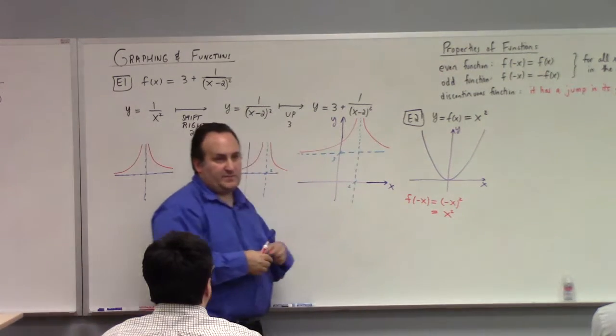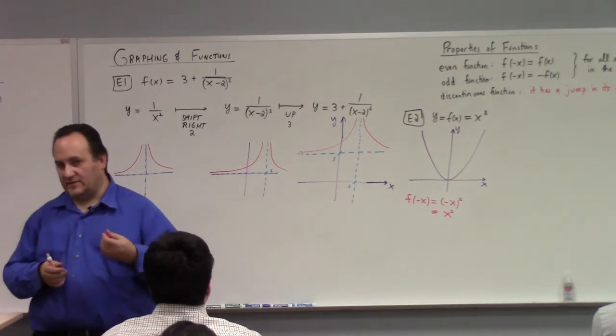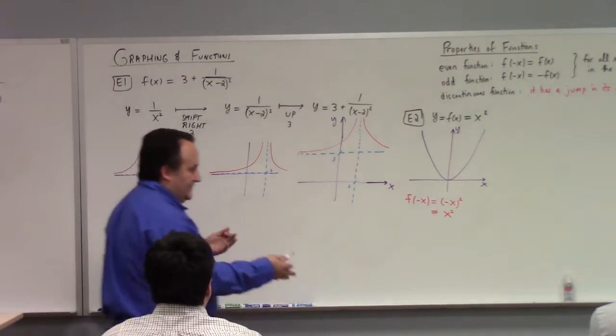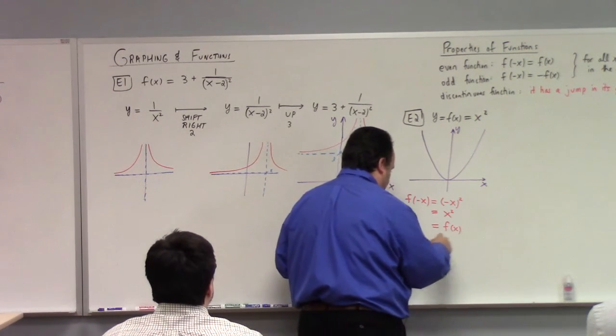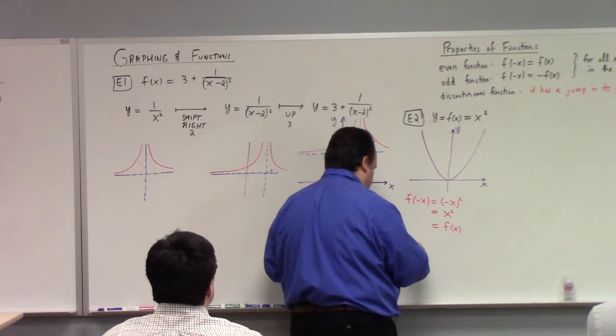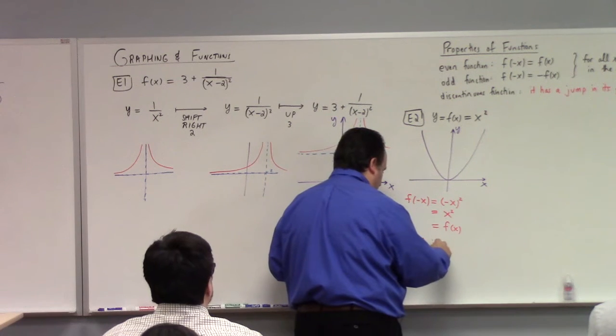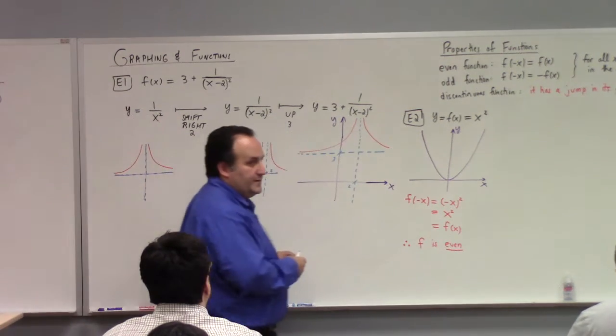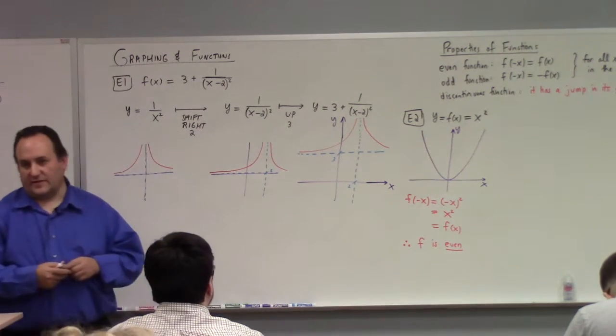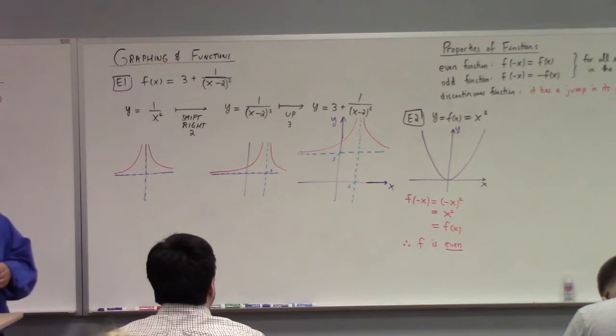Because minus minus gives us a plus, so minus x squared is just x squared. But that is f of x, right? So therefore, f is even. All right. So f of x equals x squared is an example of an even function.